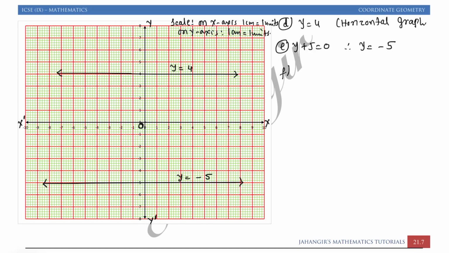Now the equation is 2y minus 7 is equal to 0. So therefore 2y is equal to 7. So therefore y is equal to 7 by 2.